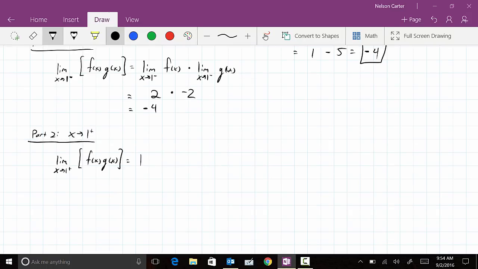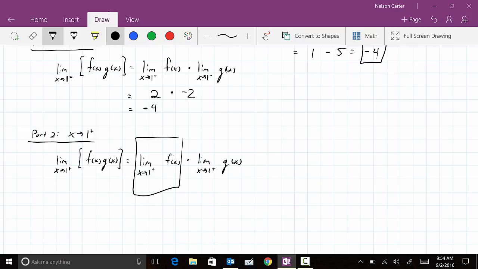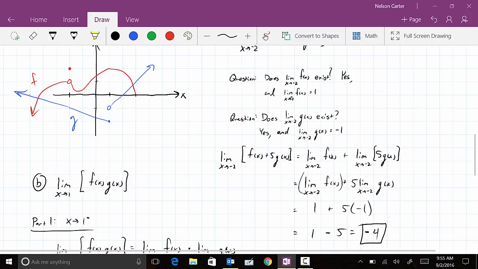This is equal to the limit as x approaches 1 from the right of f of x times the limit as x approaches 1 from the right of g of x. Remember, here we're using the limit laws, and the only reason we're allowed to is because we know that this limit and this limit both exist. Why do we know they both exist? Because you can look carefully here, just pretty quickly actually, and you can figure out that the limit's going to exist.